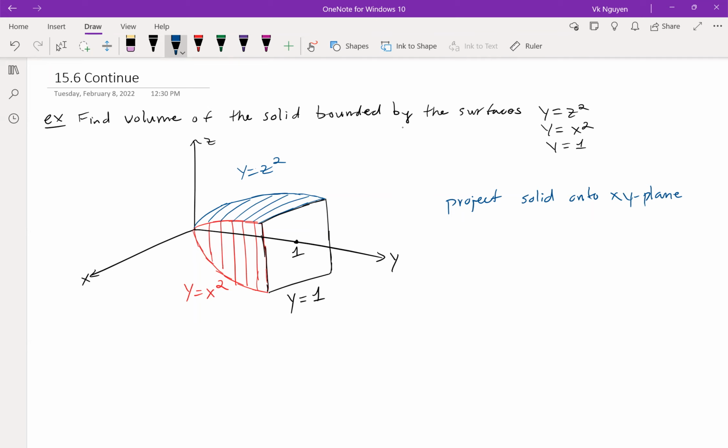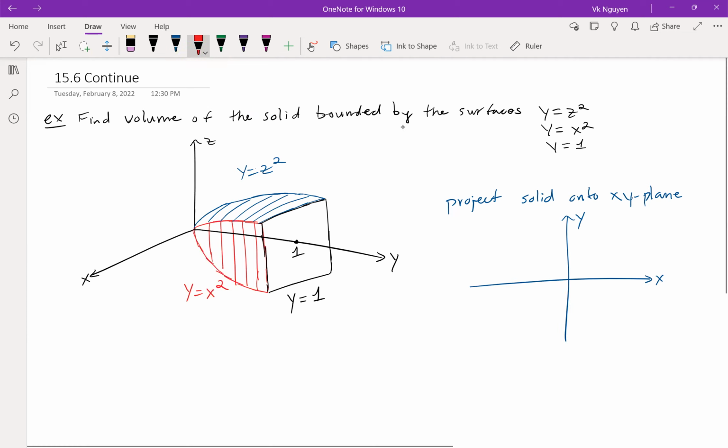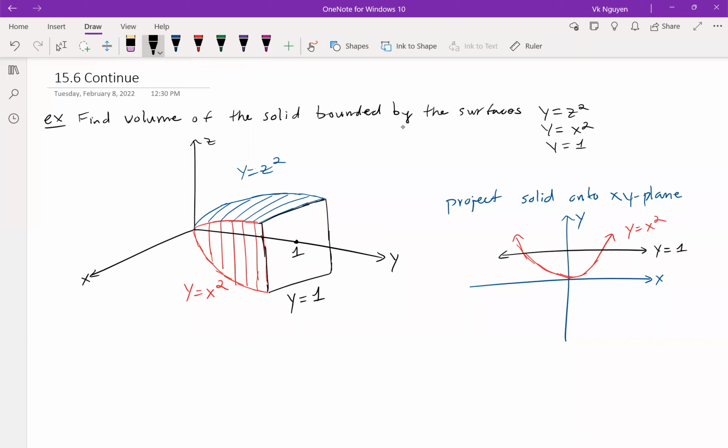Luckily, on the xy plane, we have y equal x squared and y equal 1. So the intersection right here is your region D.